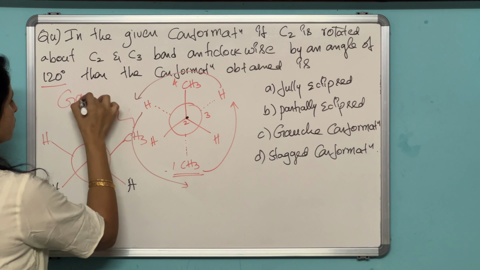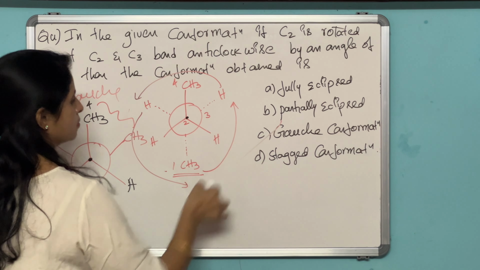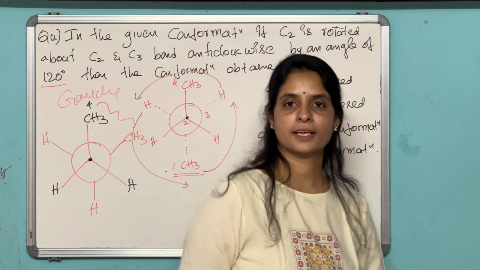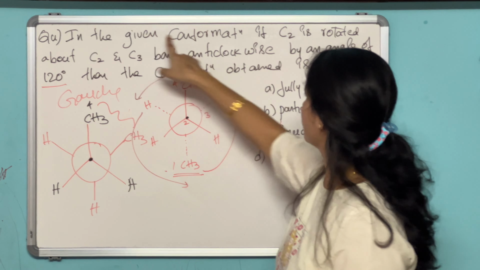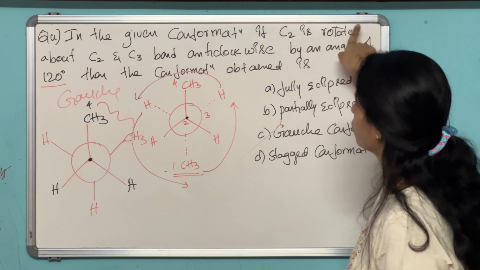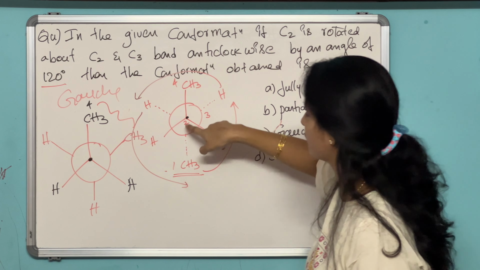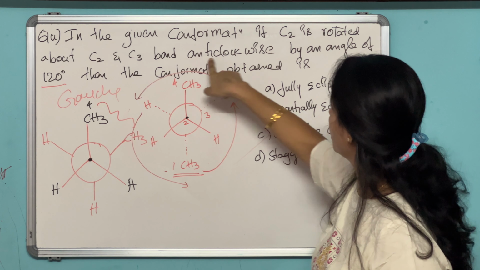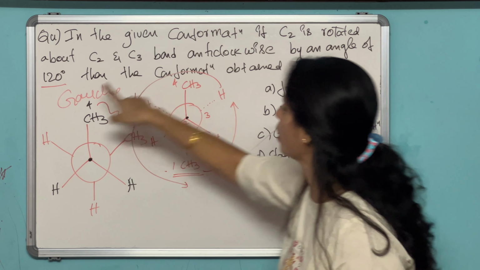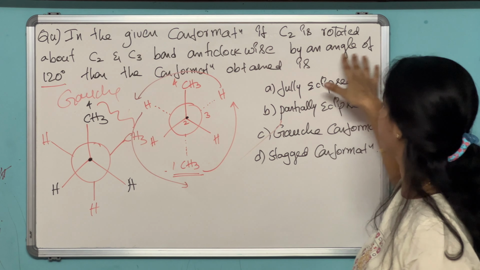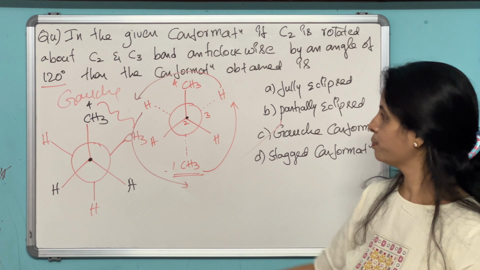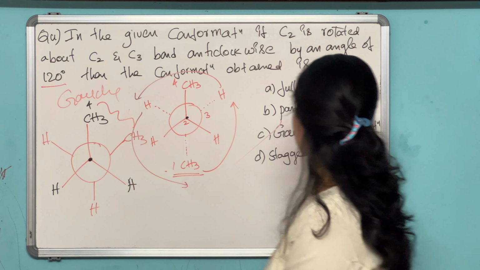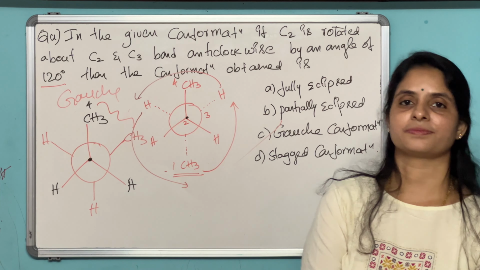Gauche conformation. This will be your answer. Clear? So if the given conformation is rotated about the C2-C3 bond anti-clockwise by 120 degrees, the conformation obtained is gauche conformation.